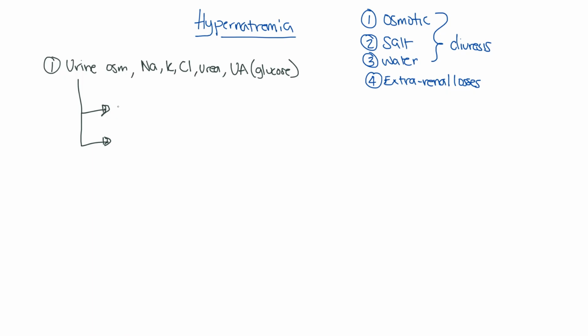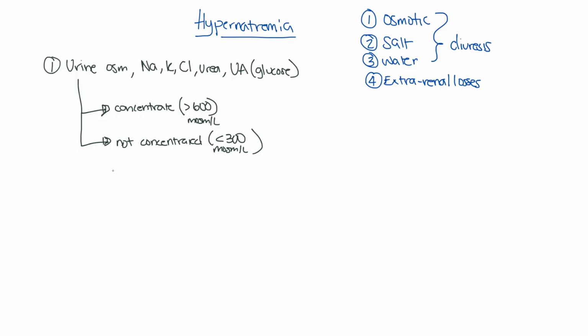This is the kidneys doing the correct thing. Okay, so you can either have concentrated urine, and this is generally referred to as greater than 600 milliosmoles per liter in our urine osmoles, or you can have not concentrated, and this is generally referred to as definitively less than 300 milliosmoles per liter in our urine.